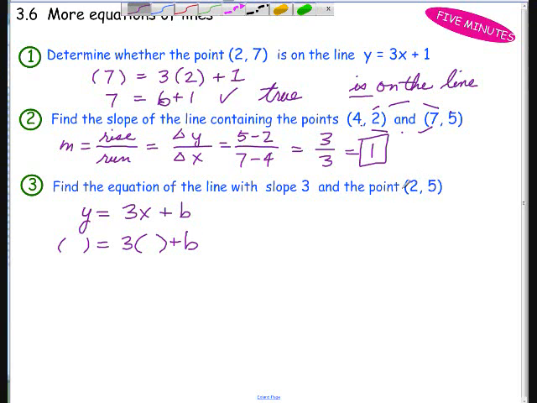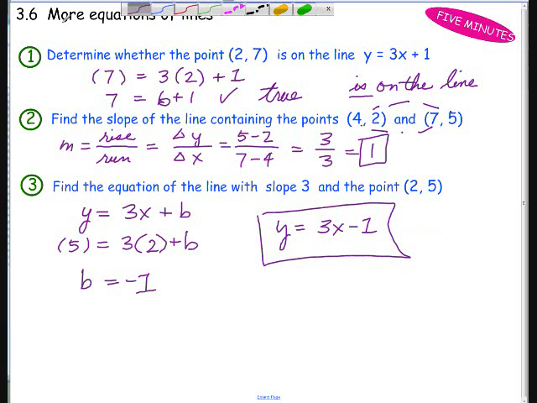Our x is 2, our y is 5. Wait a second, I just did this one. Did I just do this one? All right, so y equals 3x minus 1. I guess we've got that example down cold.